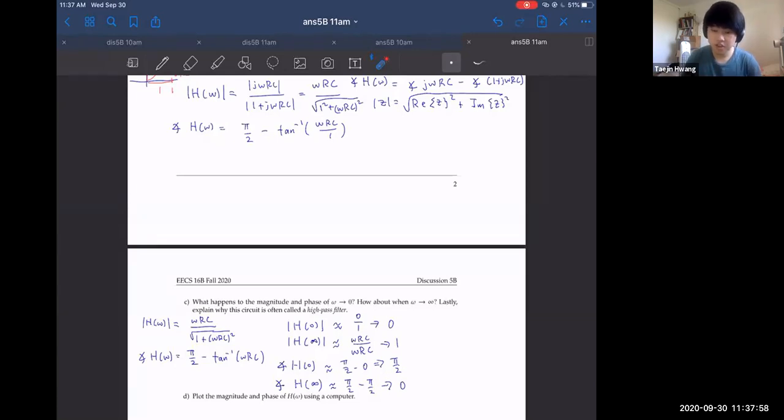The way we think about this is H of omega is equal to V out over V in. If H of something very small gets sent to 0, then if this is approximately 0, this tells us that V out is equal to 0. On the other hand, if the magnitude is very close to 1, then this tells us that V out is approximately V in.